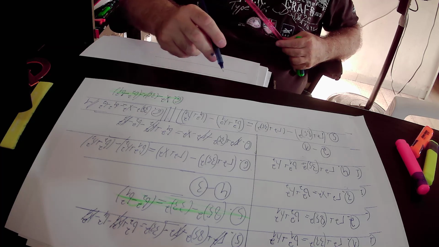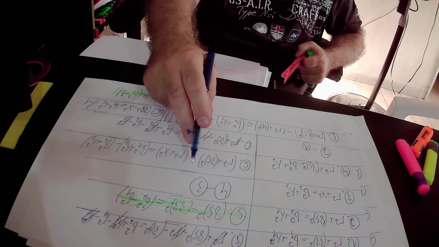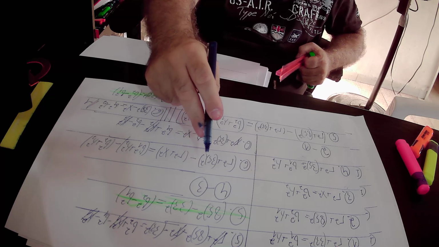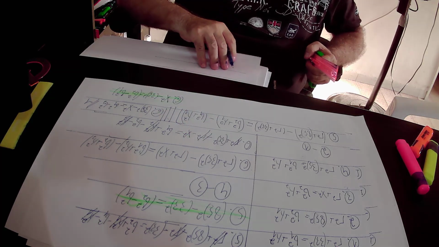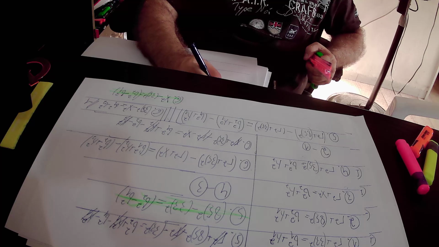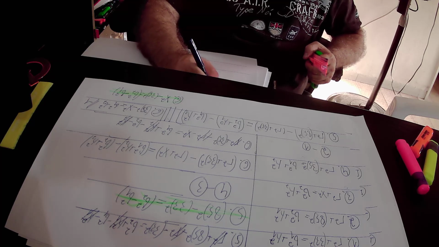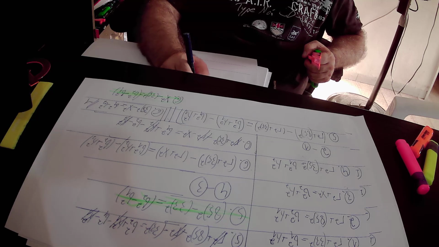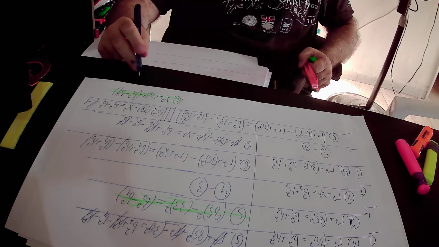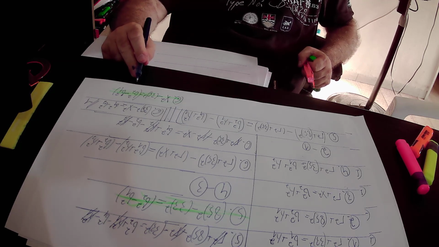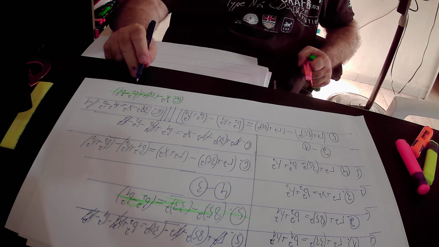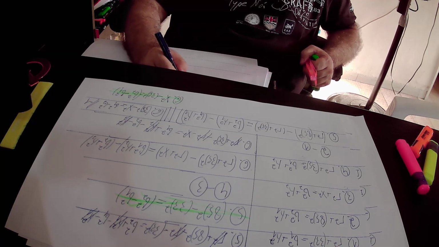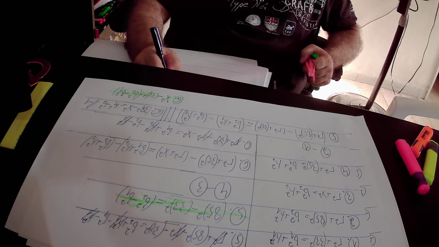So b2 squared minus b1 squared according to this equation number 5 is 85 squared minus 33 squared. And it must be equal to b2 squared minus b1 squared according to this equation number 6, that is actually x squared minus 35 squared.